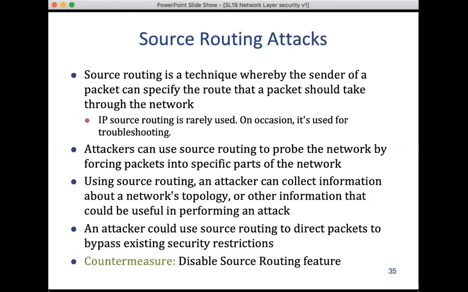I am sure you would have studied source routing in IP, wherein the source can tell what route to take. So a packet can be forced over a route. It's kind of a tunnel. Normally in IP routing, we have seen that once a packet leaves the source, it depends on the network to decide where the packet will be sent, right?